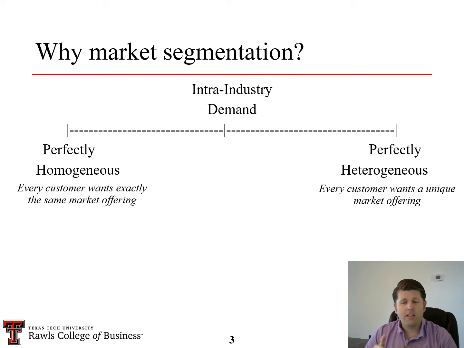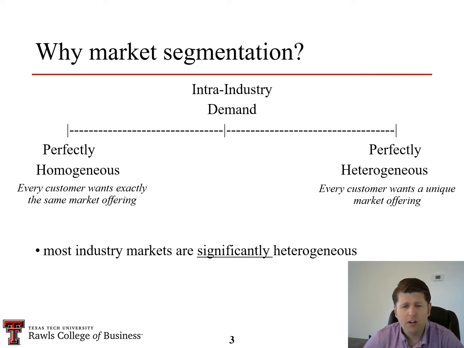They want a different size of fry that goes with it. They want different toppings on their burger. They want different times they're going to want that offering provided to them, and they're going to want different locations. So a lot of the demand we can think of as probably what?